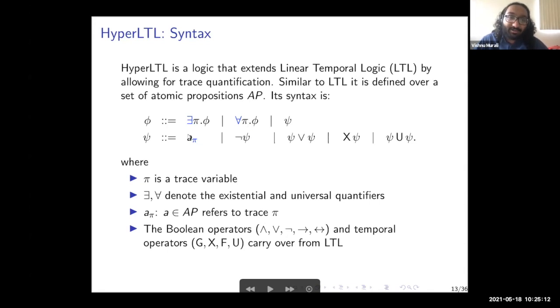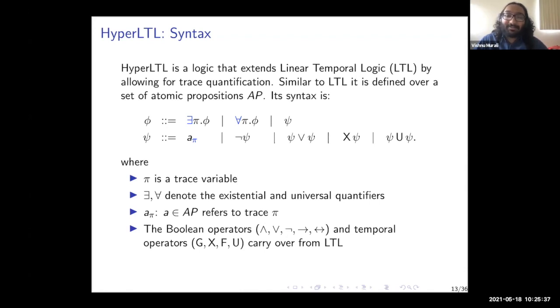Similarly, we do not refer to atomic propositions standalone, but rather bind them to a trace variable pi. We make use of A_pi to denote that the atomic proposition A refers to the trace pi. The Boolean operators and the temporal operators carry over from LTL, and I would be happy to discuss more about the syntax and the semantics in the question and answer session or offline.